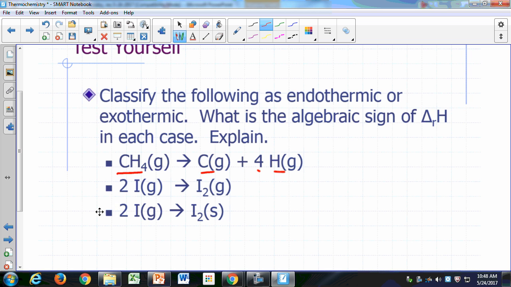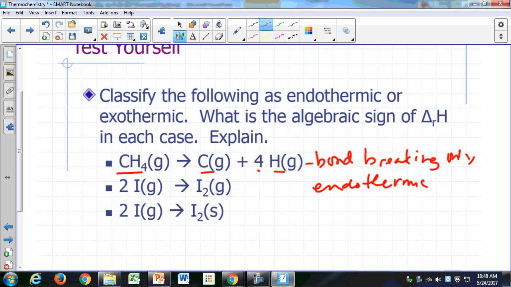So the only thing happening here is bond breaking only. So you say this is endothermic. And if you have an endothermic reaction, heat has to go into your reaction mixture to bring the temperature back up. So your delta H reaction is going to be a positive number.